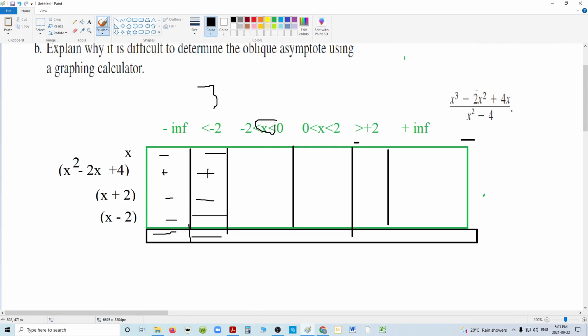What's a good number between minus 2 and 0? It's minus 1. So this is going to become 1 plus 2, so that's 3, plus 4, so that's going to become positive. It's clear that this x is going to be negative. Negative 1 plus 2 is going to be positive, and negative 1 minus 2 is going to be negative. So we get negative times a positive times a positive times a negative. We get a positive.